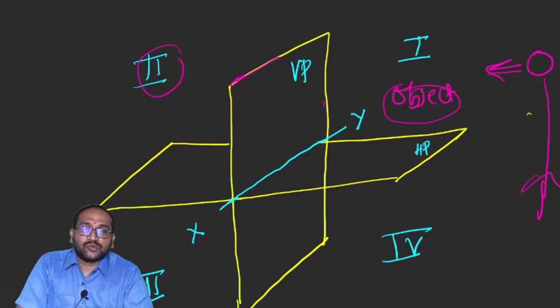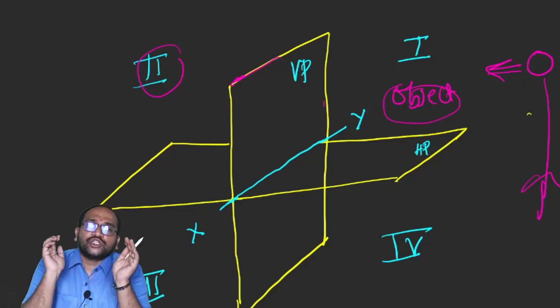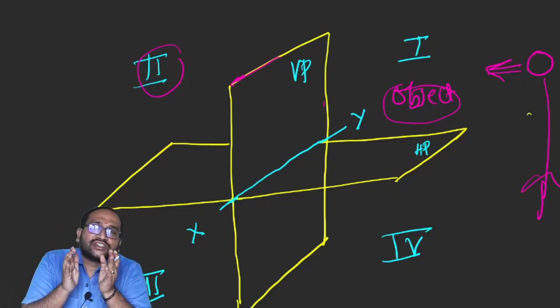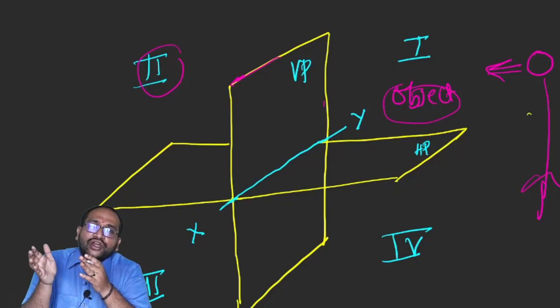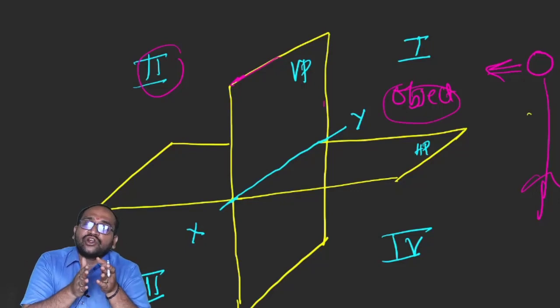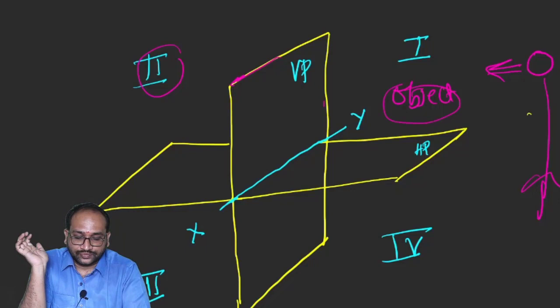If the object is placed in the third quadrant, it is known as third angle projection.